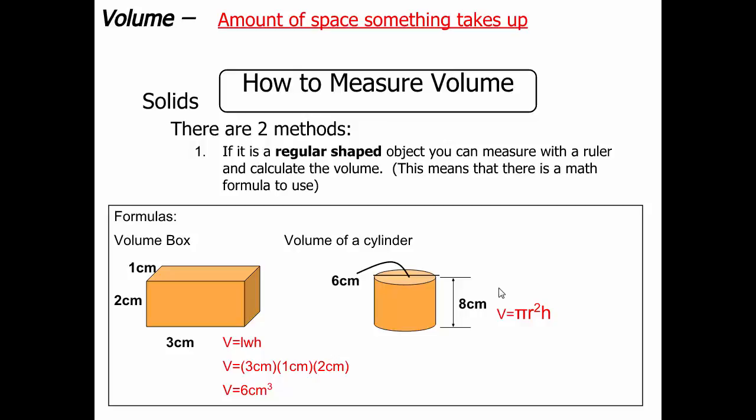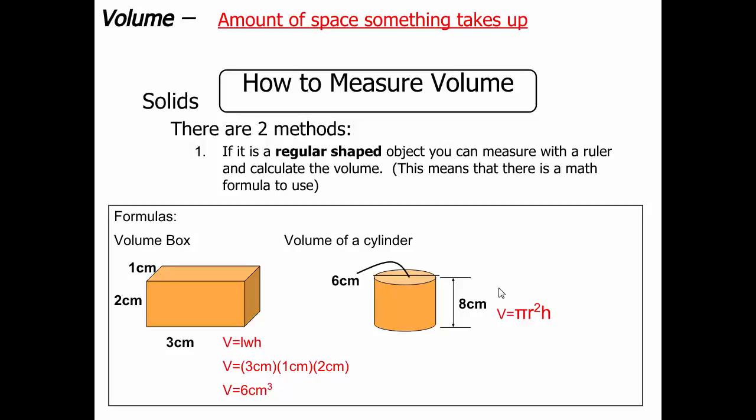Yeah, and so that should make sense, right? Because if we calculate the area of the circle by pi r squared and then multiply it by the height of this object, we're sort of taking a 2-dimensional surface and then making it a 3-dimensional surface by multiplying by height. Same thing with this shape. We can measure the area of the 2-dimensional side, and then if we multiply that by the height, we're sort of adding in that 3rd dimension.